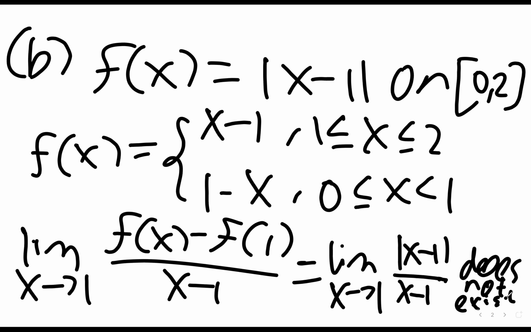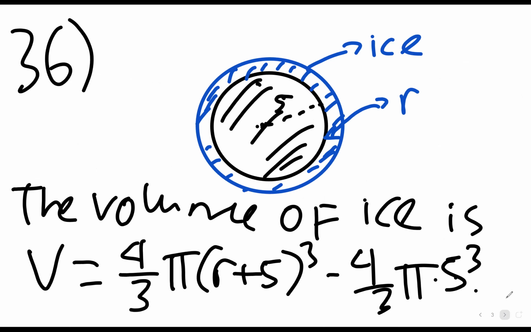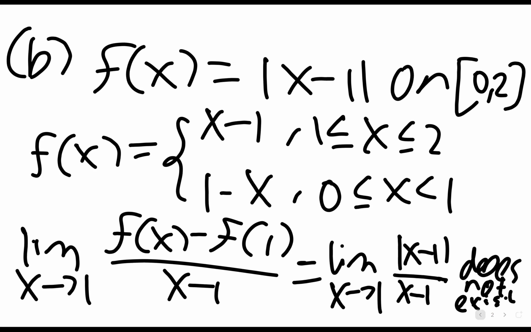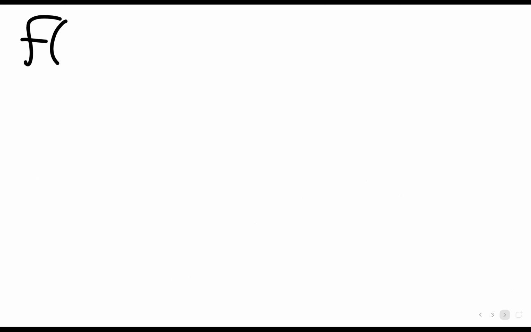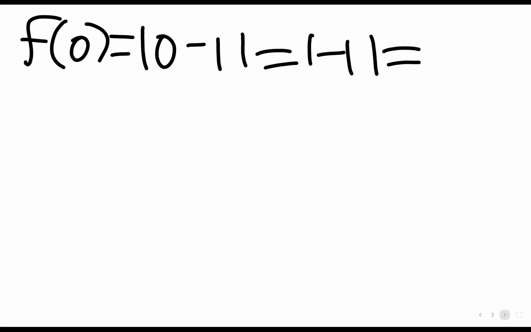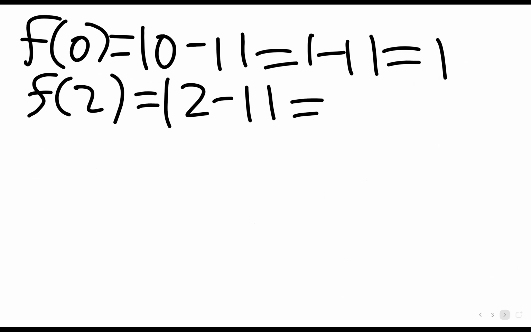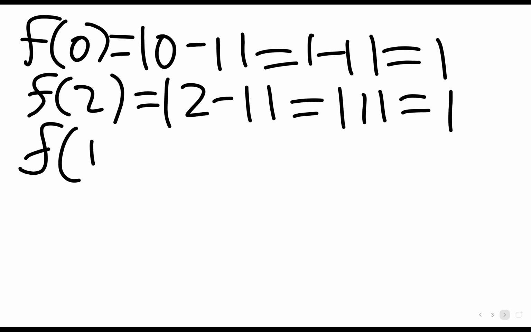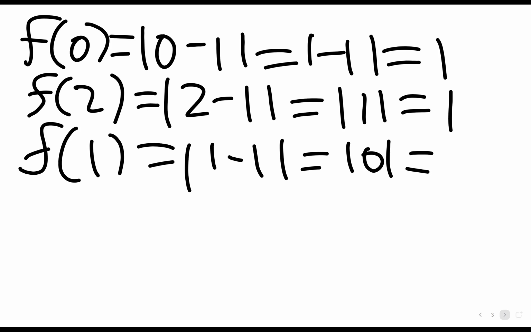So we will have 3 critical points, namely the endpoints 0 and 2, and 1. f(0) is the absolute value of 0 minus 1, which is 1. f(2) equals the absolute value of 2 minus 1, which equals 1. And f(1) is the singular point: the absolute value of 1 minus 1 is 0.